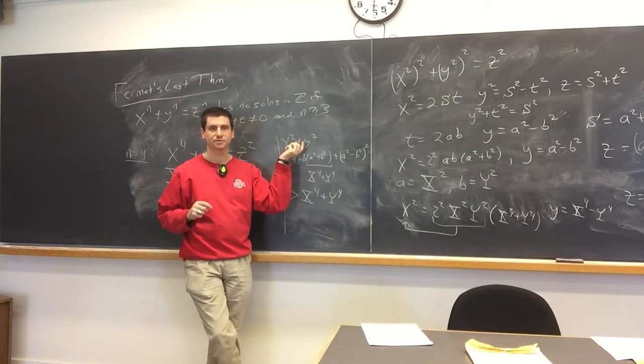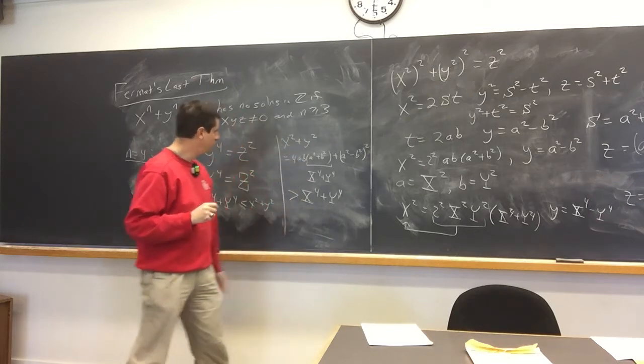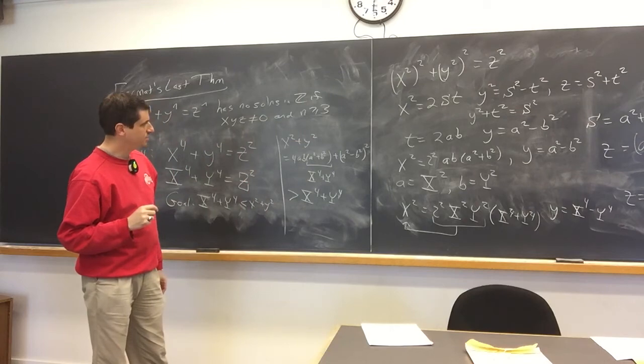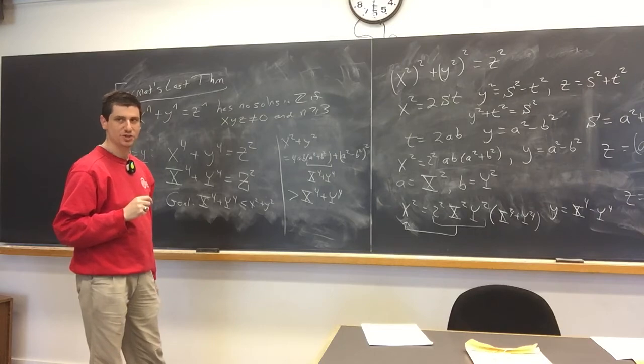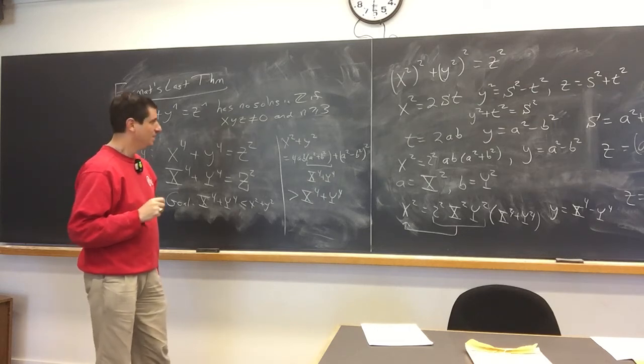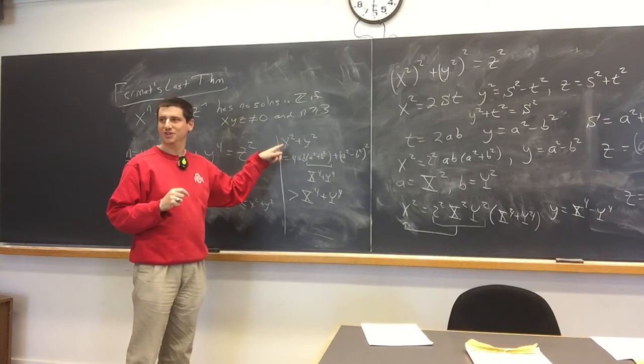So x squared plus y squared, but that's x squared. Okay. But we want x to the fourth plus y to the fourth. And this is x squared plus y squared. So we just square it. Well, which is larger, x to the fourth or x squared?